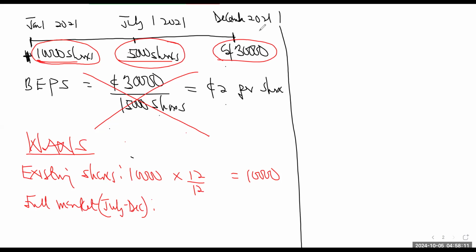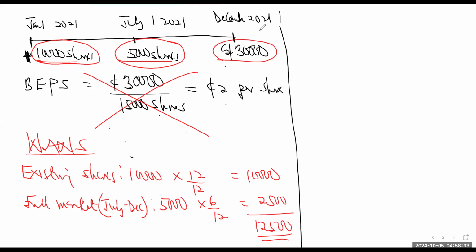So this particular share issue will only contribute to the profit for 6 months. It will be in issue for 6 months. So we have the 5,000 multiplied by 6 over 12. I'm having 2,500.